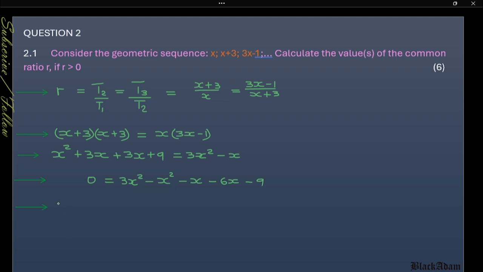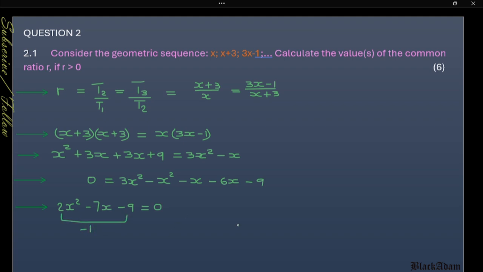And then we simplify. 3x squared minus x squared is going to be 2x squared, and then negative x, negative 6x, that's negative 7x, and negative 9 equals 0.